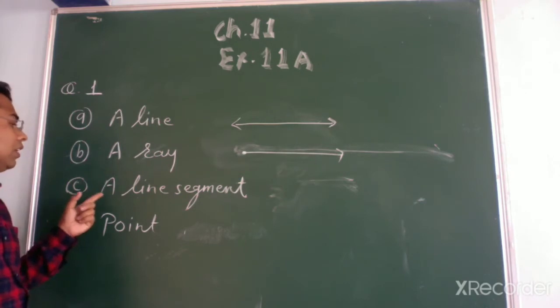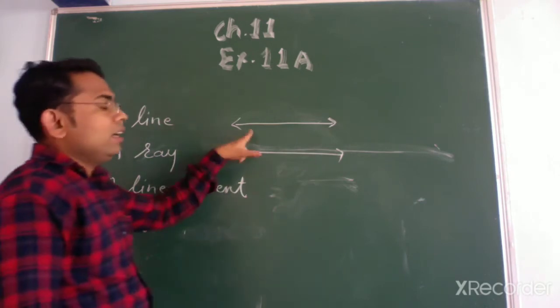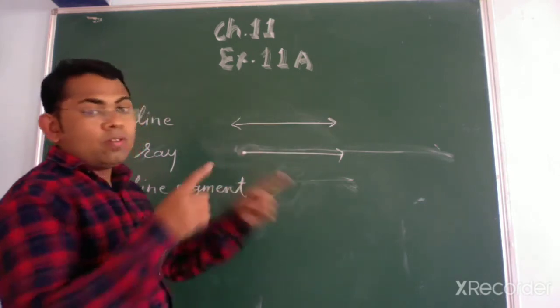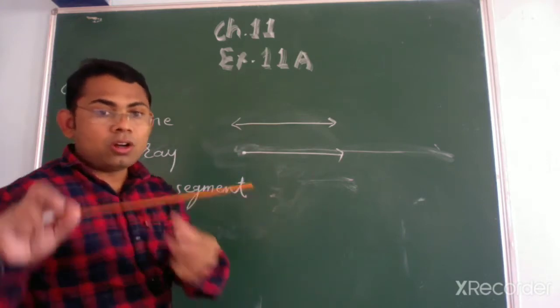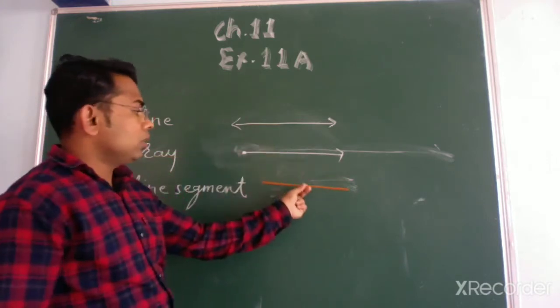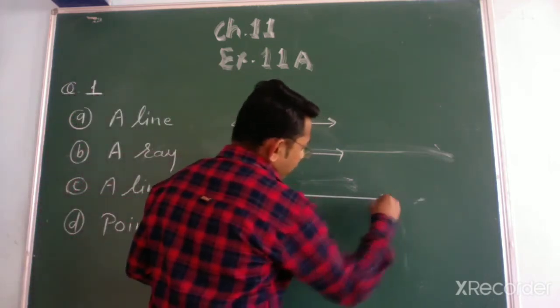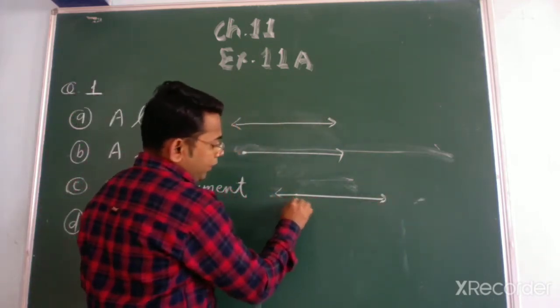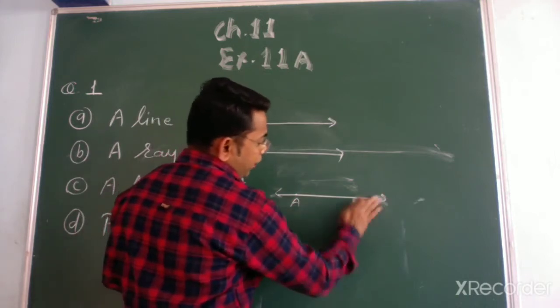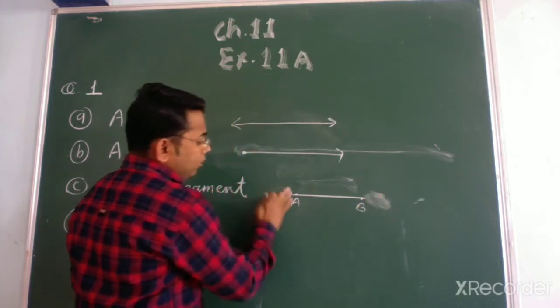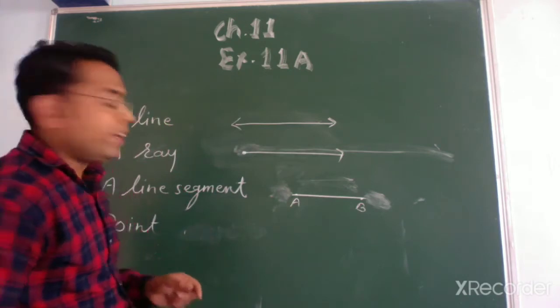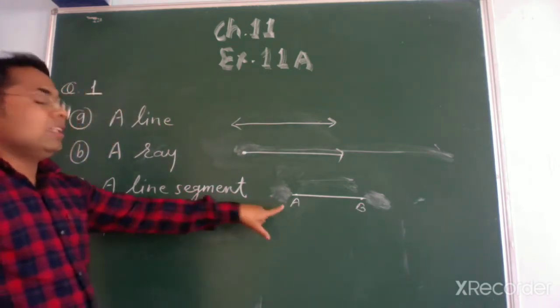Third one is C, a line segment. We know that a line segment means the part of a line, like this straw. If you cut this at point A and point B, if you take the part of the line, you will get the line segment.